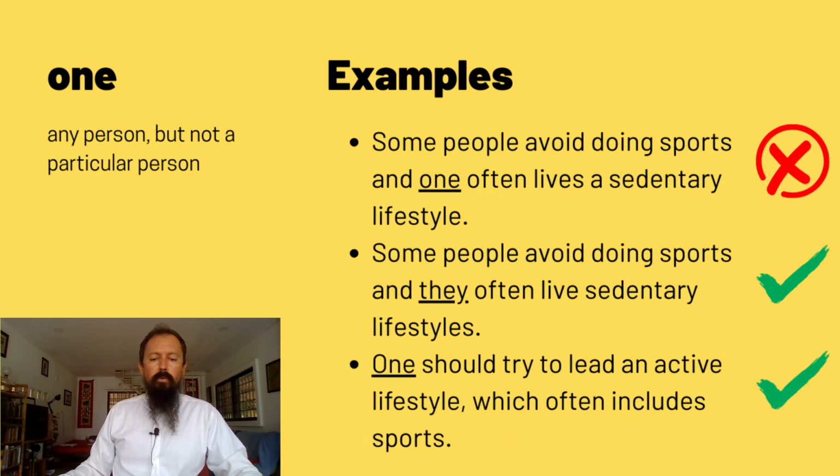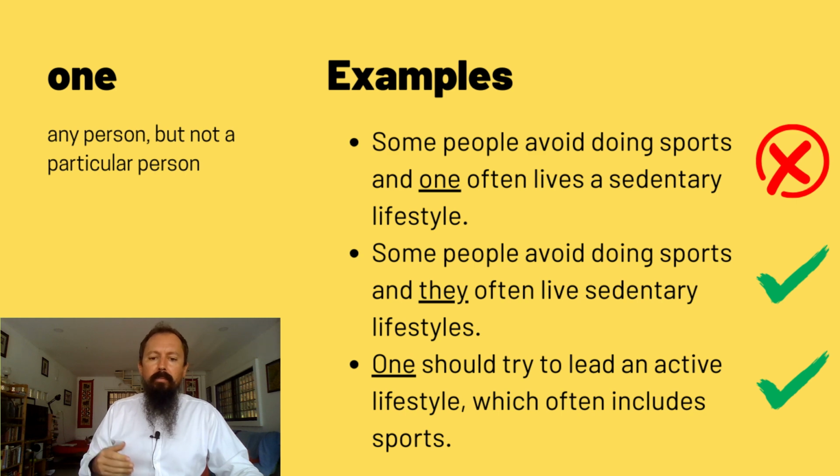Similarly, we have the word one. Now, one obviously has lots of meaning in English, but I'm referring to the idea of a person. When we often say one should, or one thinks, or one does, so used as a pronoun. Now, how do IELTS candidates get this wrong? They use it where they should use the word they.